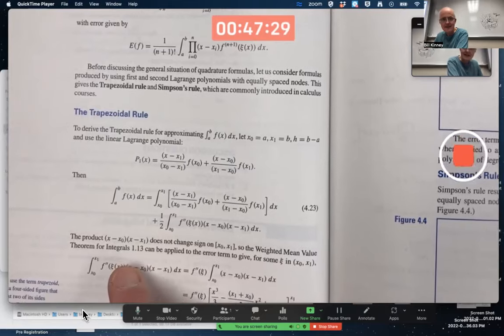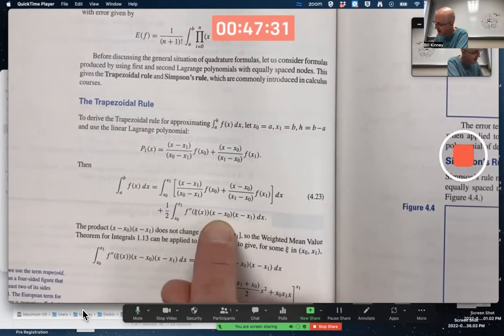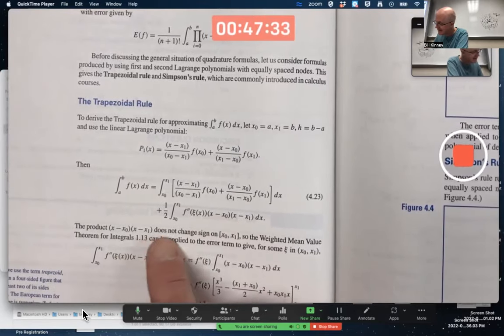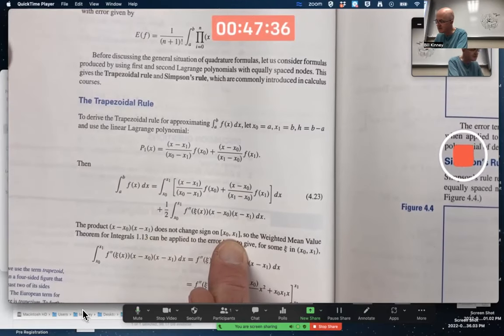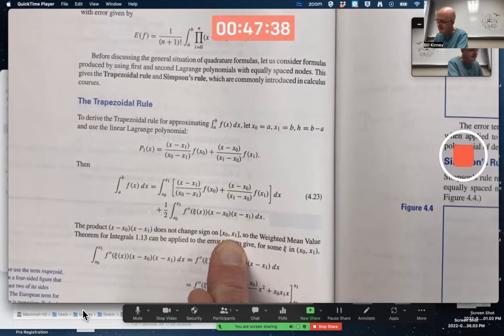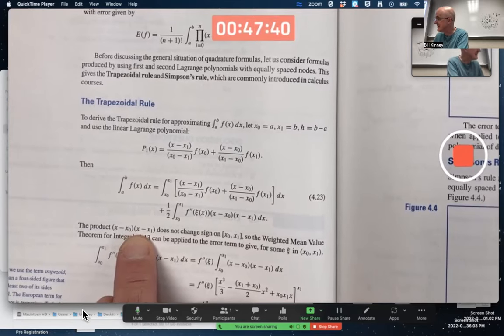Why can we do this? Well, it's because the g of x function, x minus x0 times x minus x1, does not change sign in the interval. In fact, if you think about it, it's negative.